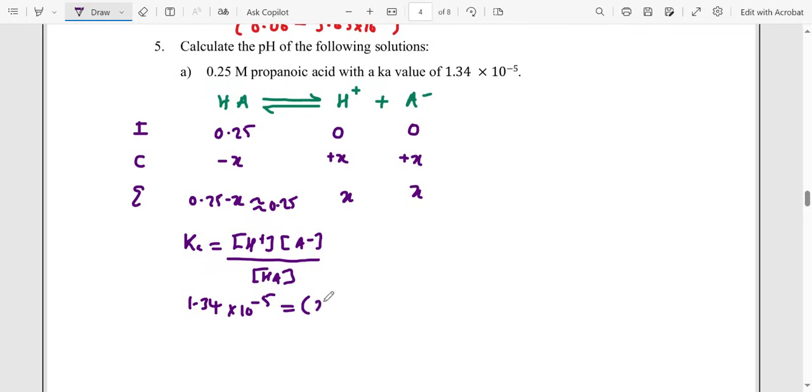So it is x, and for A minus it is also x, and then HA is 0.25. So this is going to be x squared is equal to 0.25 multiplied by 1.34 times 10 to the power negative 5. That is going to give us 3.35 times 10 to the power negative 6.